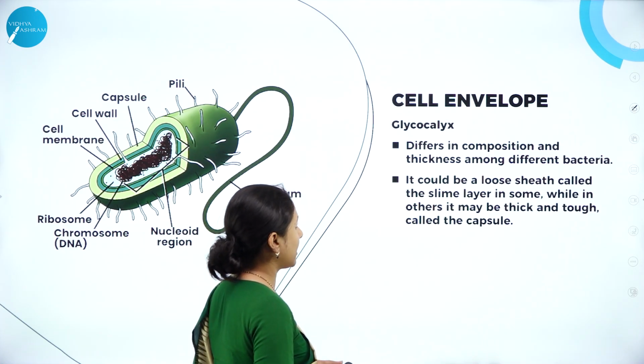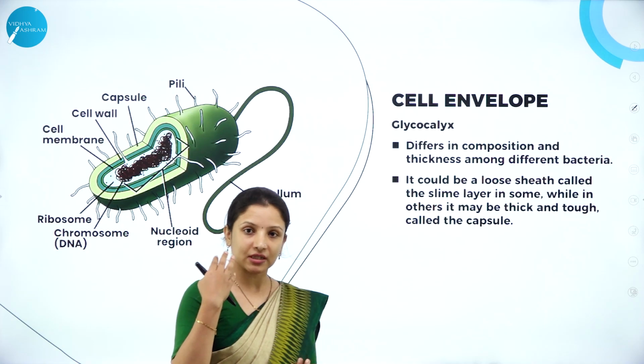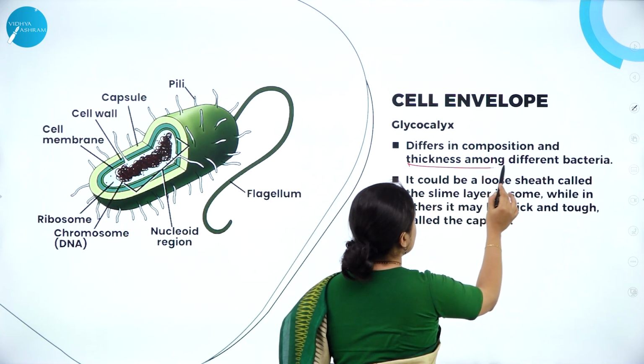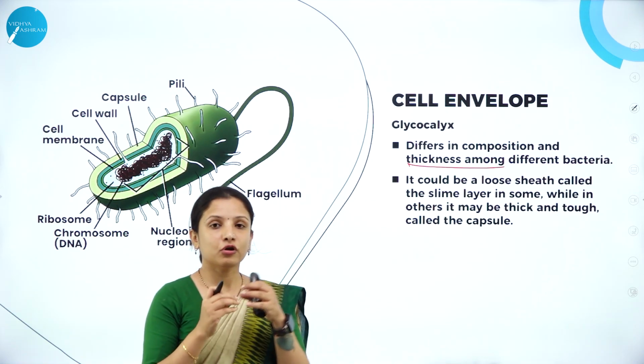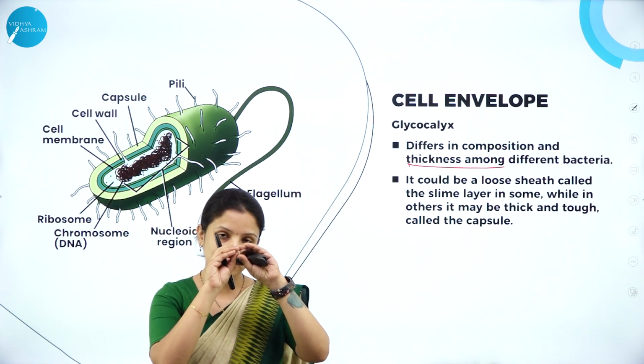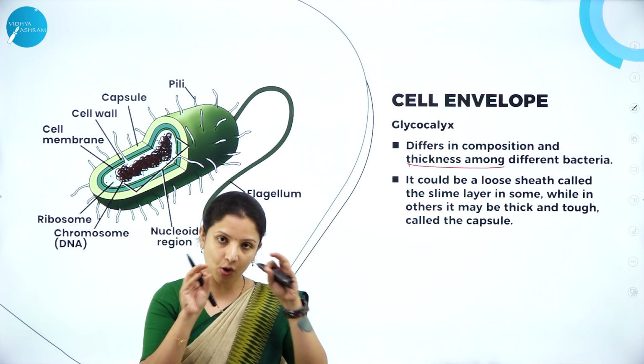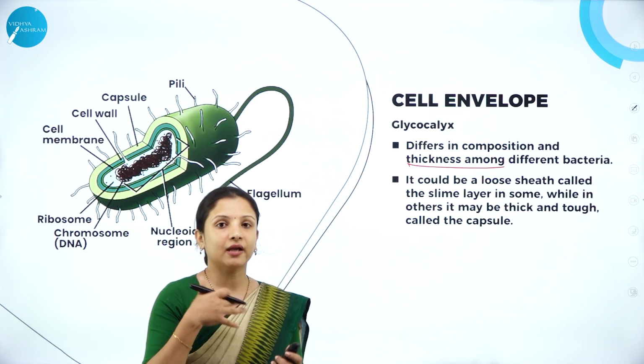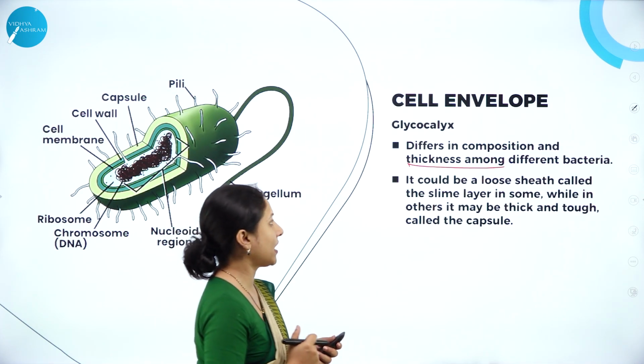So this glycocalyx actually differs in its composition, and also it can differ in its thickness in different bacteria. So do not think that glycocalyx is a simple covering. It is a complex covering, and its thickness and its complexity can differ in different species of bacteria.